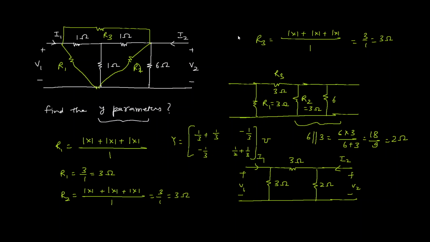We can simplify this. This is 2 by 3, then minus 1 by 3, minus 1 by 3. Here the LCM of 2 and 3 is 6, and in the numerator we have 3 plus 2, which is 5, so 5 by 6 mho. So that's how we find the Y parameter for the two-port network.